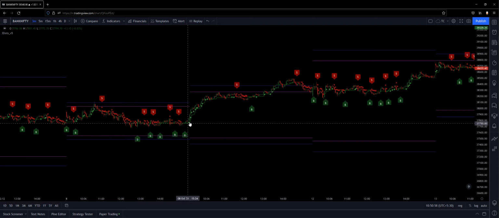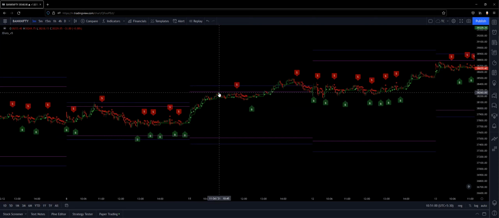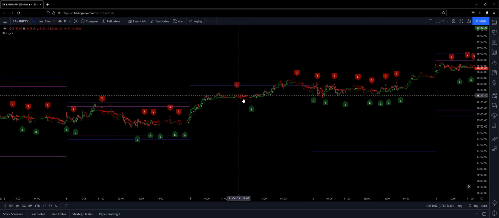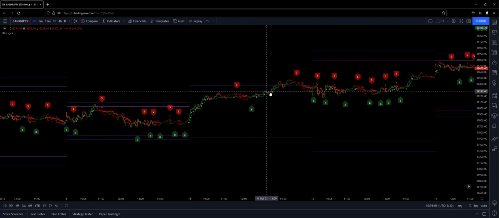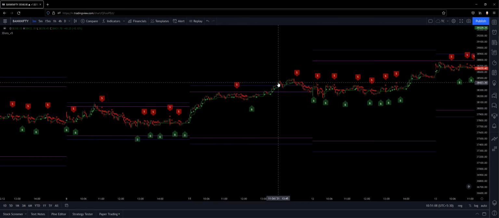Same thing: whenever price goes near this line, it acts as a beautiful resistance. Whenever price closes above this and starts trading above it, you can expect some good up move.